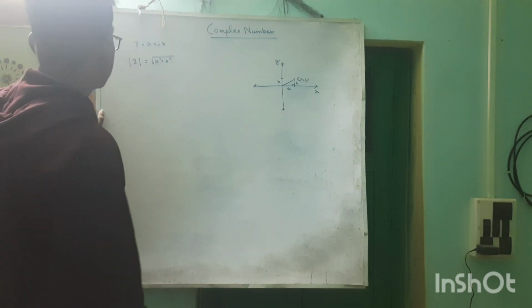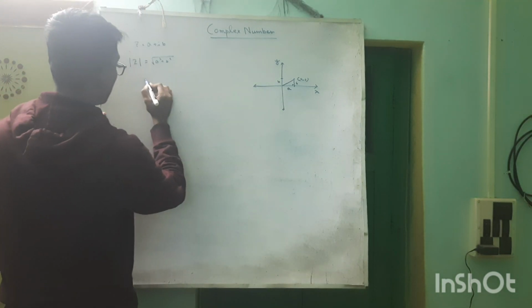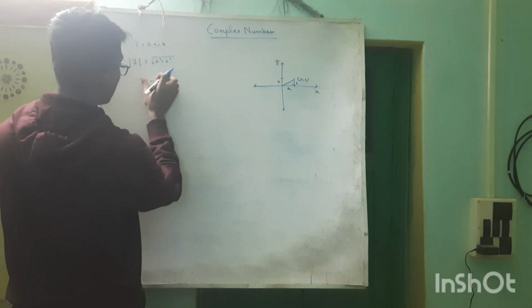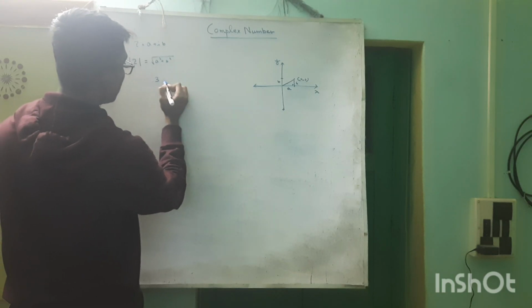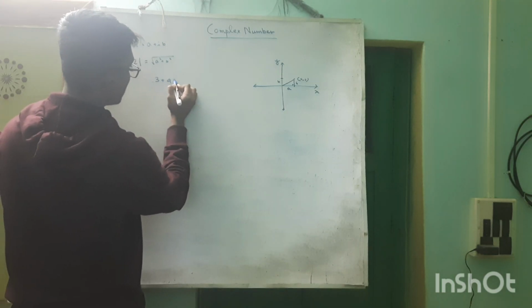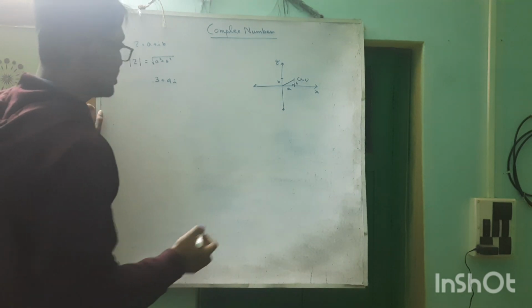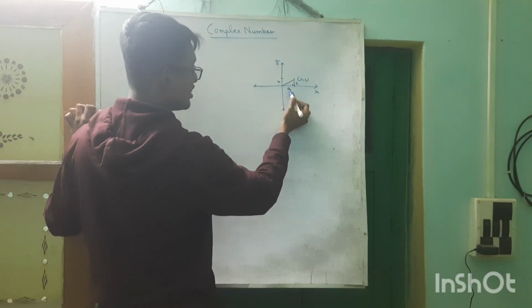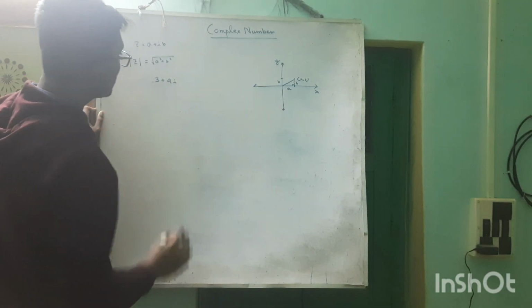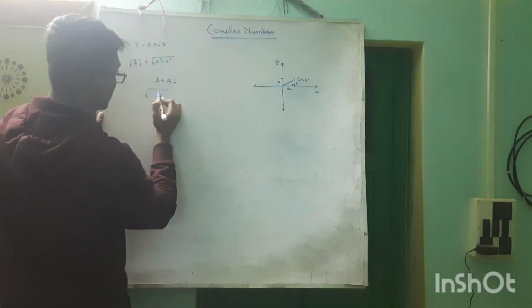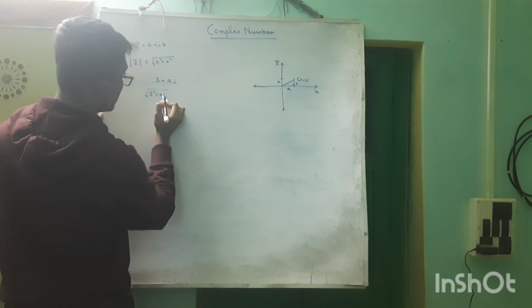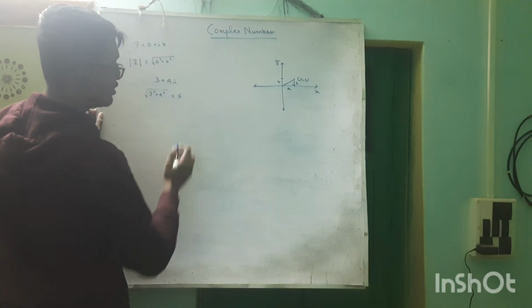Suppose a complex number is given, 3 plus 4i. So what is the modulus of that complex number? This is a, this is 3 and this is 4. So the modulus of that complex number is root over of 3 square plus 4 square, that is equal to 5. Okay.